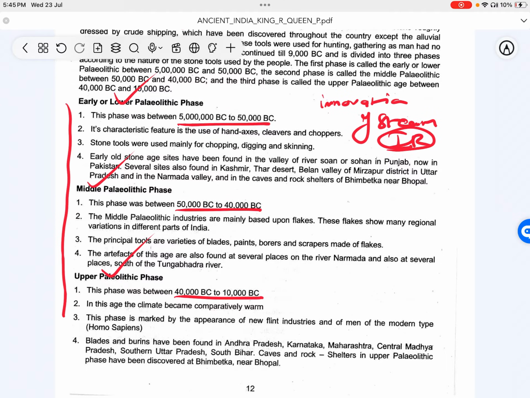tools they used, like hand axes, cleavers and choppers. Stone tools were mainly used for chopping, digging and skinning, and in the middle Paleolithic mainly flakes were used. There are a lot of tools.